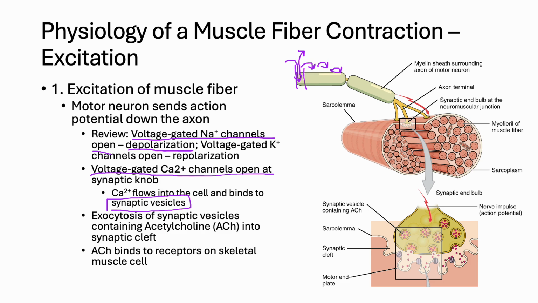This is just a more detailed look at what we've already talked about. Now we have receptors on the end plate, which is the part of the muscle fiber that's part of the synaptic cleft. There are receptors there for the acetylcholine, and acetylcholine will bind to those receptors on the muscle cell. So that is how the motor neuron excites the skeletal muscle, by releasing acetylcholine and it binding to the receptors.